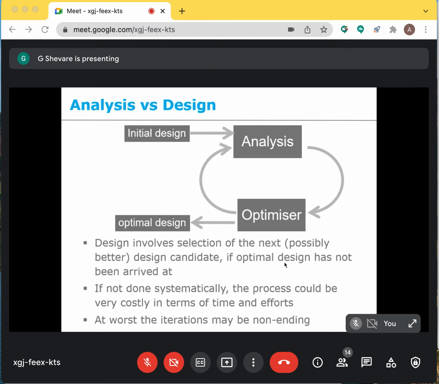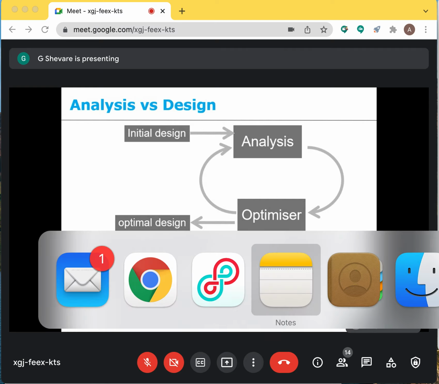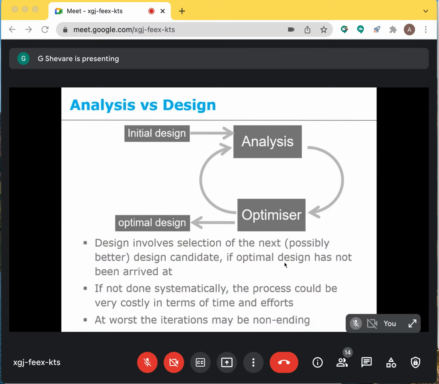So design involves selection of the next, possibly better, design candidate if the optimal has not been arrived at. Possibly better, I'm saying, because it may not be monotonic. If not done systematically, this process can be very costly in terms of time and effort. At worst, the iterations may not be ending at all.